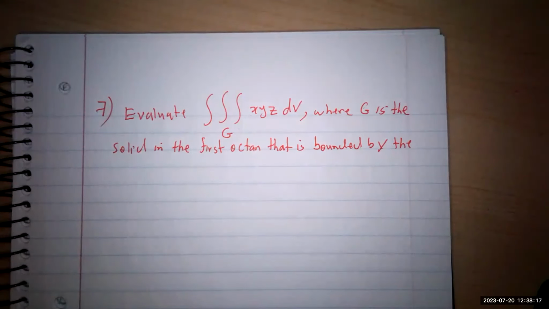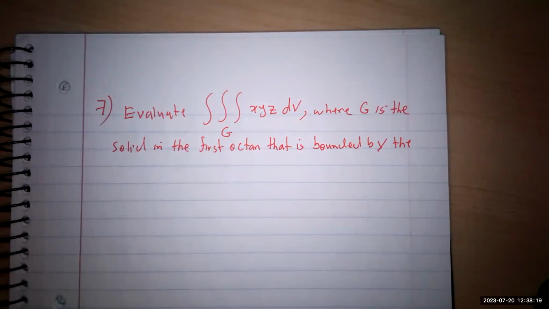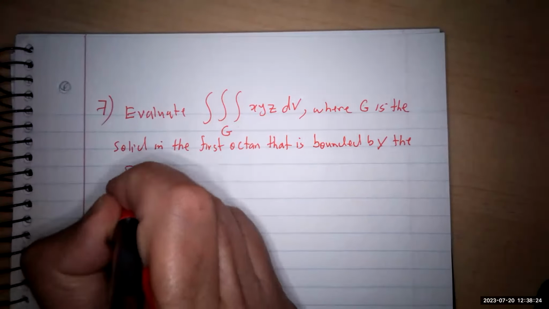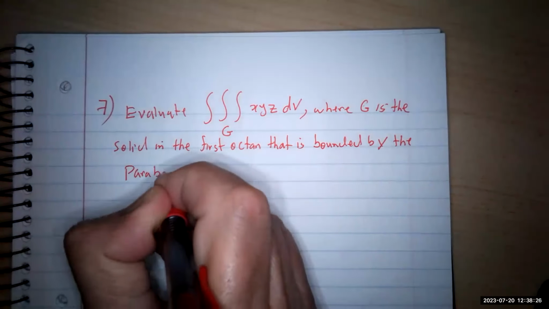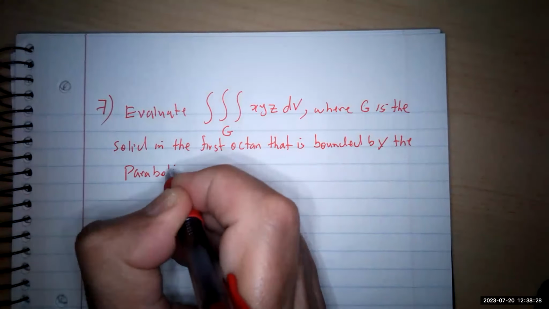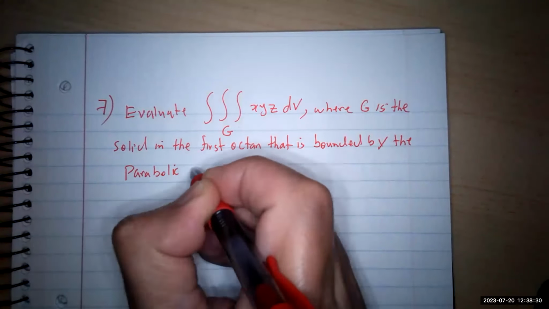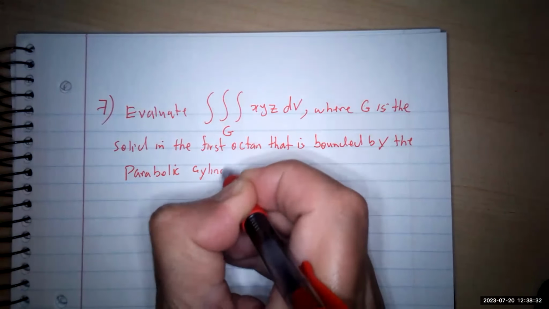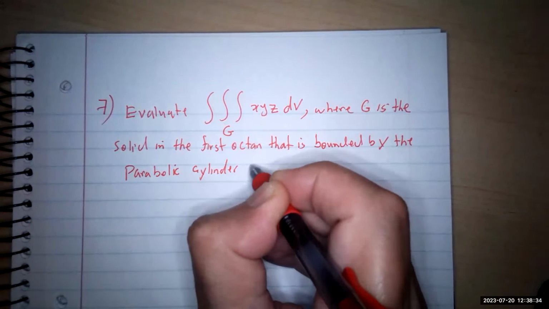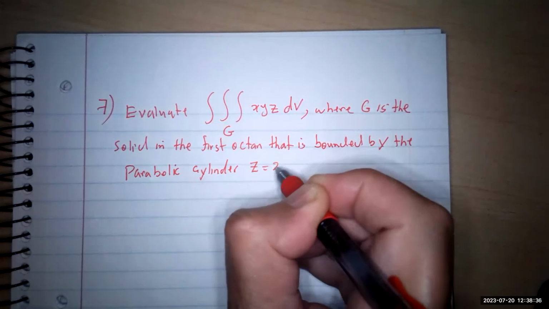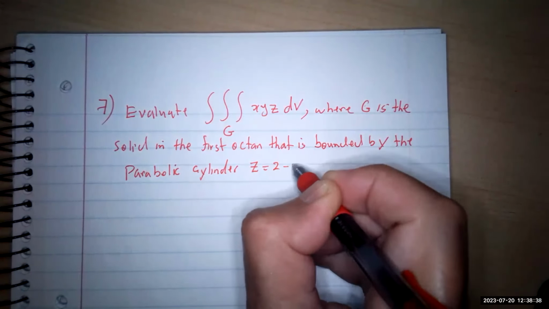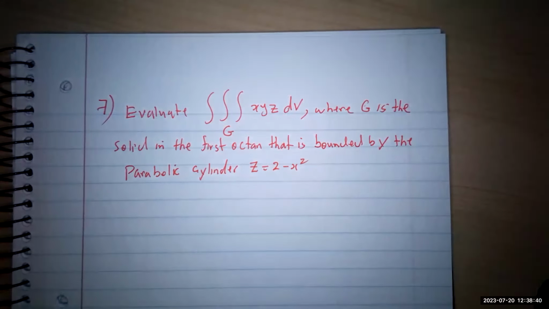So this is similar, but the coordinates are different. It's bounded by the parabolic cylinder, and this time you have a z equal to. The other one was y equal to. That's the only difference, okay?